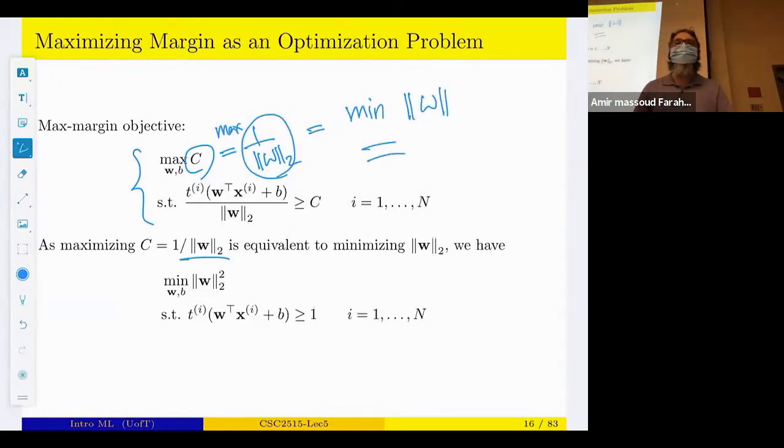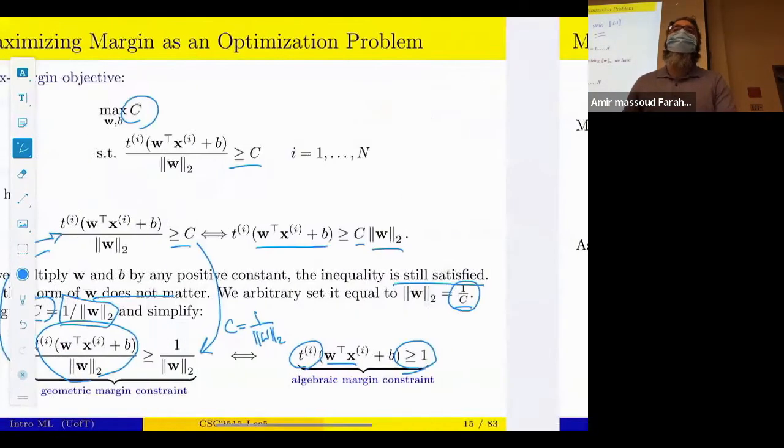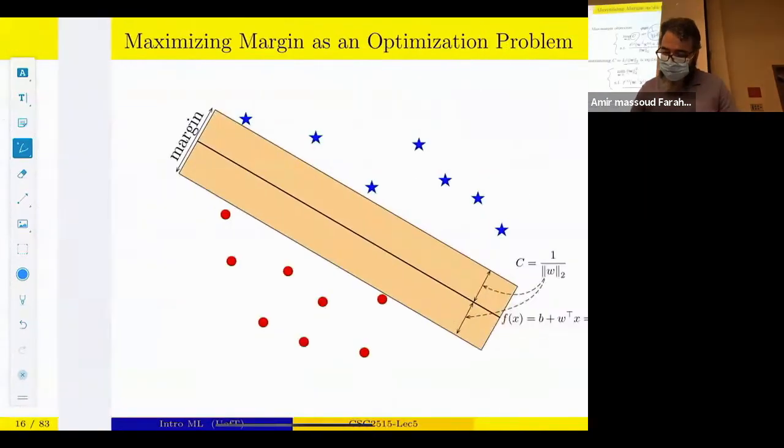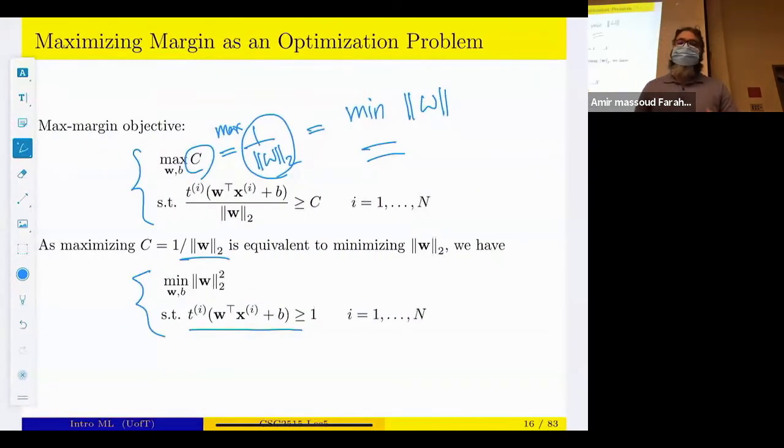So instead of maximizing 1 over the norm, we can minimize the norm itself, which gets us to this optimization: minimize the norm, or norm squared, doesn't matter, of W such that Ti times (W transpose Xi plus B) is larger than or equal to 1. This becomes our max margin formulated as an optimization problem.